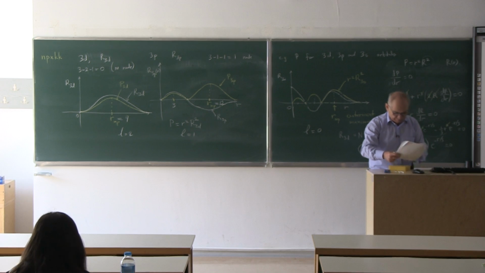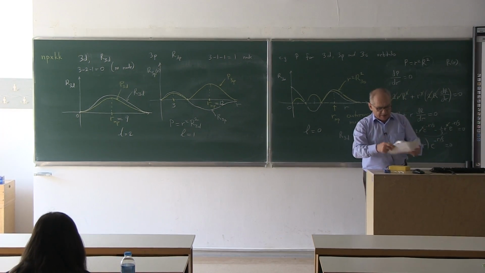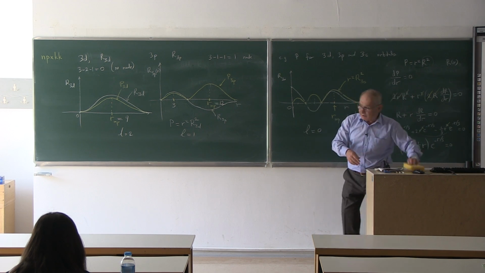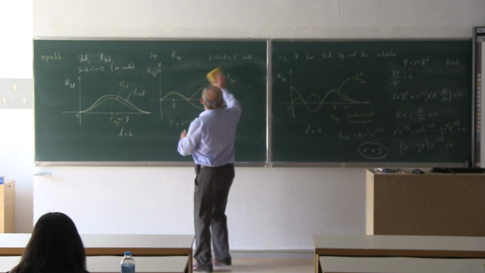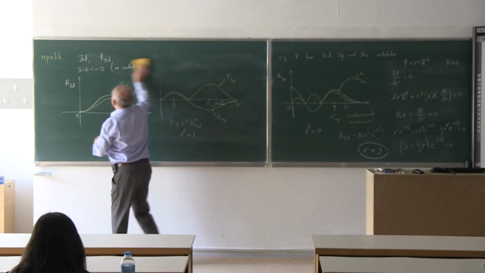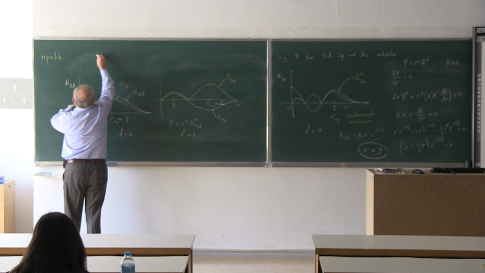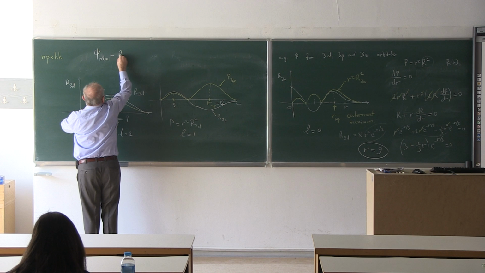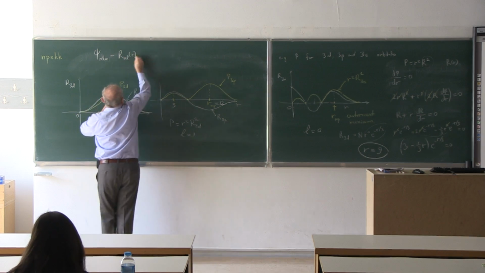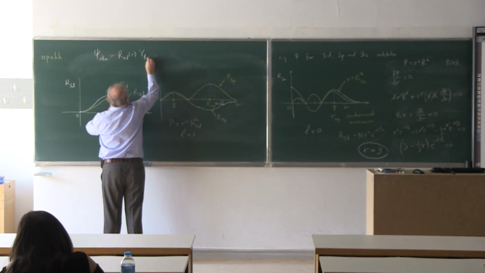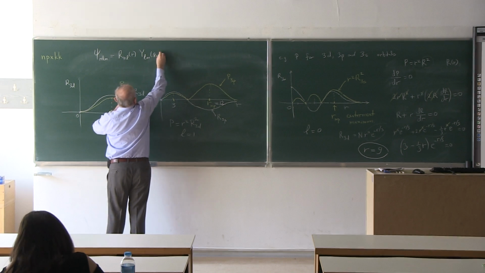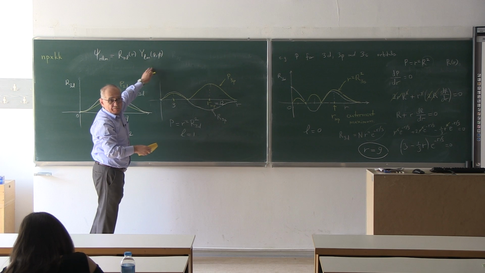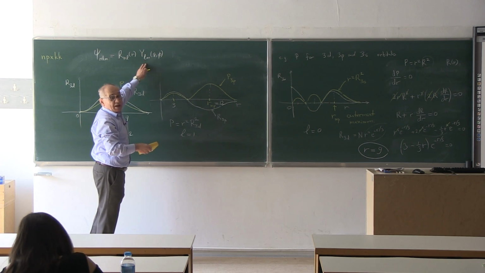Fine. Now, thus far we have discussed properties related to the radial function. Remember, our complete function is a radial function multiplied with an angular function.